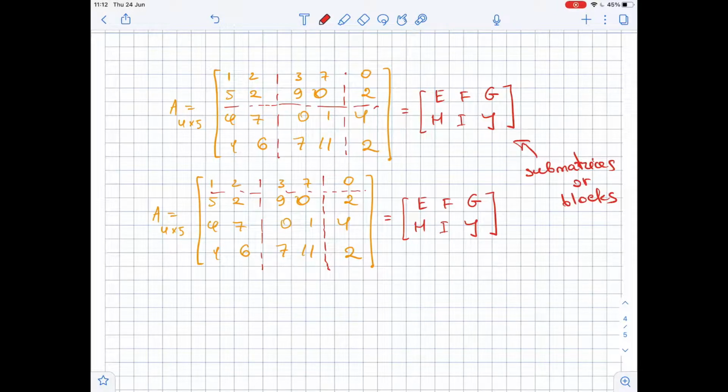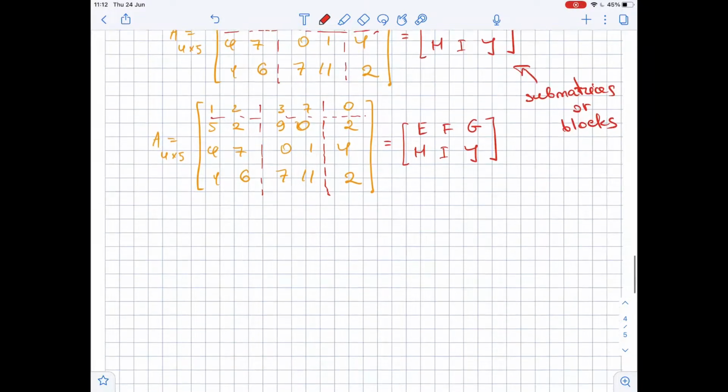And for instance, if M is a square block matrix such that the non-diagonal blocks are all 0 matrices, then it's called a block diagonal matrix. The importance of a block diagonal matrix is that the algebra of the block matrix is frequently reduced to the algebra of the individual blocks.